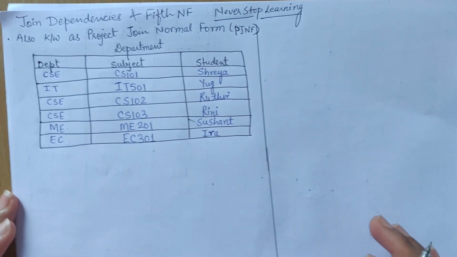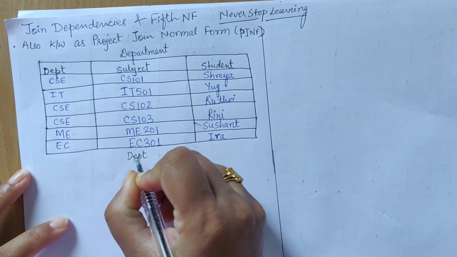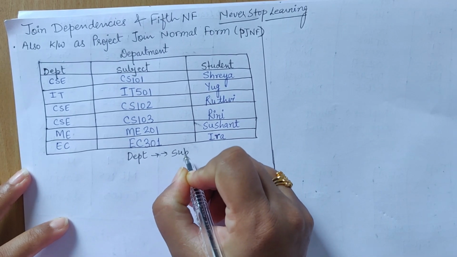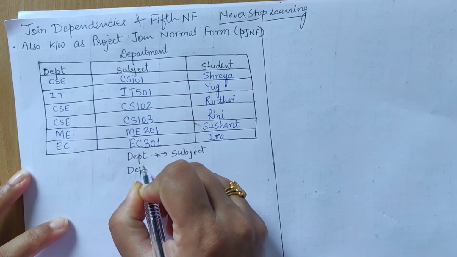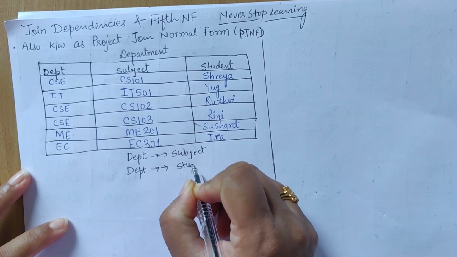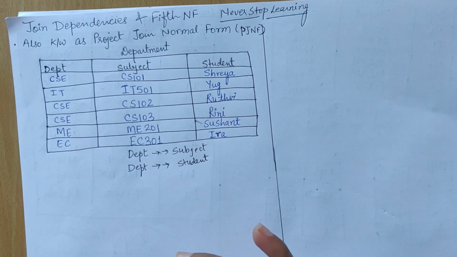If I write here, there is a multi-valued dependency from department to subject, and one more multi-valued dependency from department to student. That's the problem, that this table is not in fourth NF. So first we have to remove the multi-valued dependency and bring it to fourth NF.